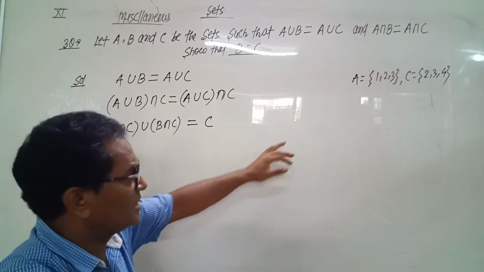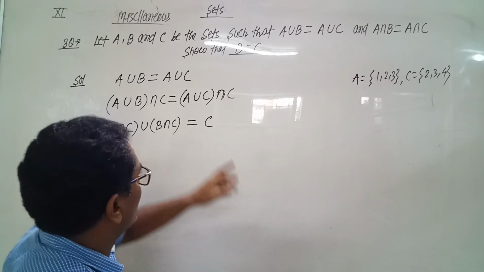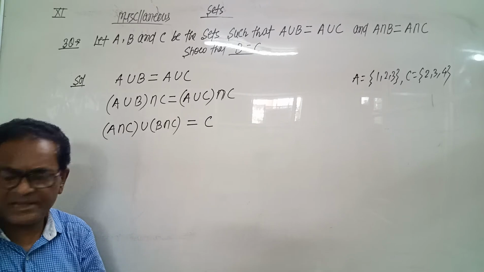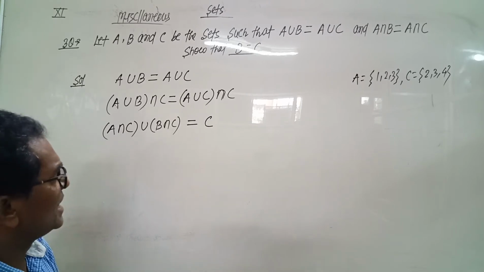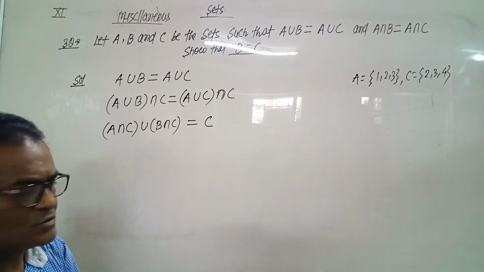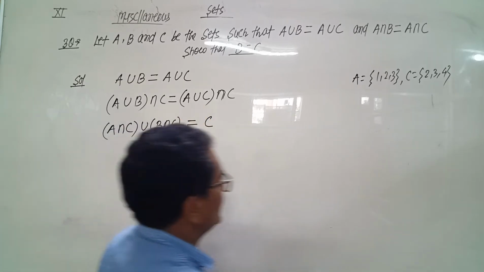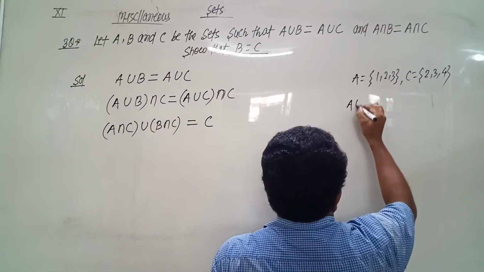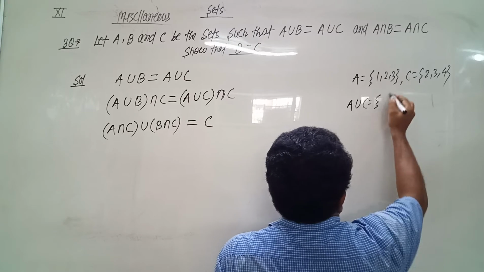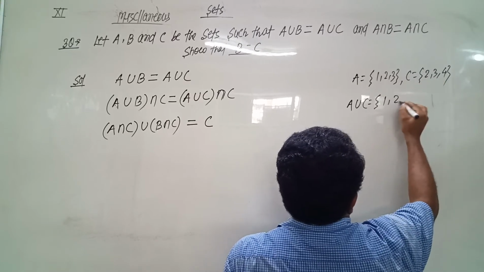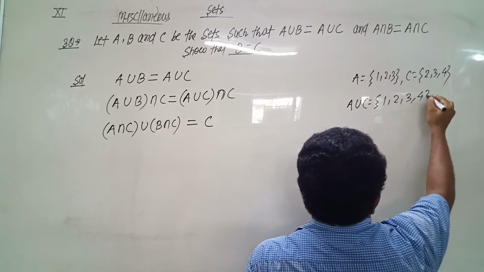We have two sets, A equals 1, 2, 3 and C equals 2, 3, 4. Now we find A union C. So A union C becomes 1, 2, 3 and 4.